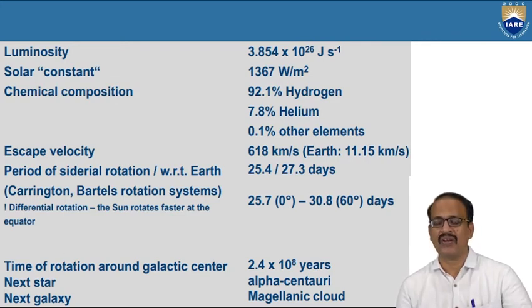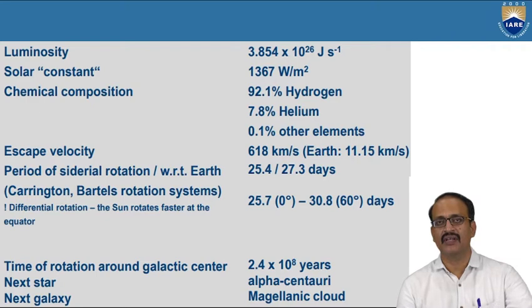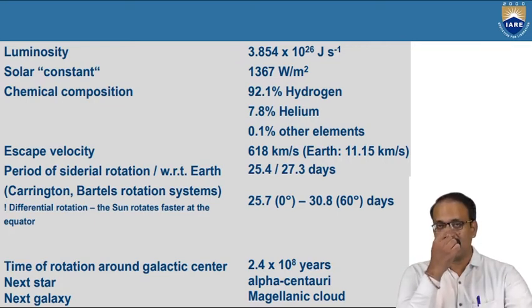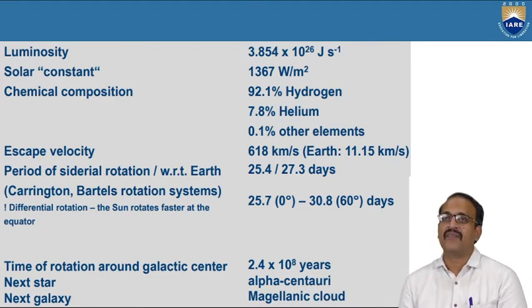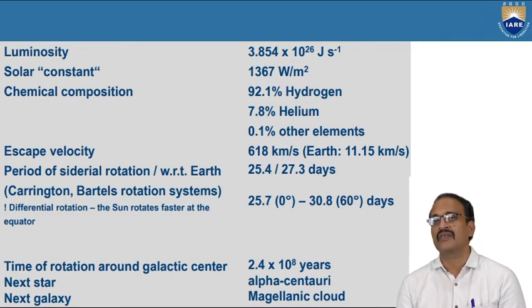That is 92.1% hydrogen, 7.8% helium and 0.1% other elements. And the escape velocity is 618 kilometers per second. For the Earth, to escape you have to move at 11.15 kilometers per second, about 12 kilometers per second only.